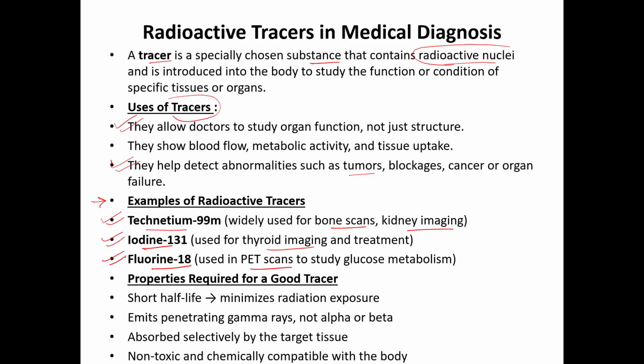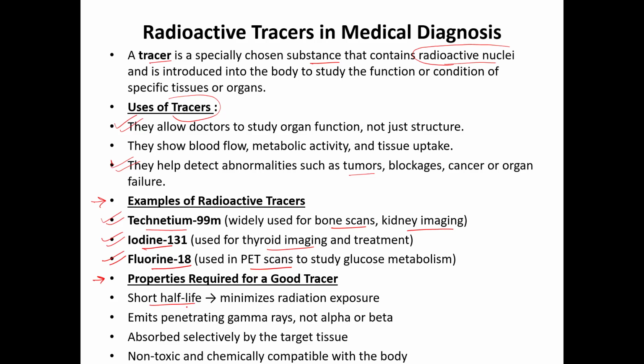Are you understanding? Yes. Next, what are the different properties of a good tracer? A good tracer should have a short half-life. Can you tell me what the meaning of short half-life is? Any idea? It's related to radioactivity we studied earlier. What is half-life? It's the decay of a radioactive substance.